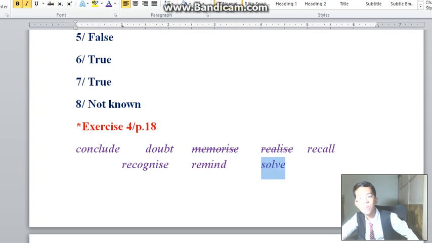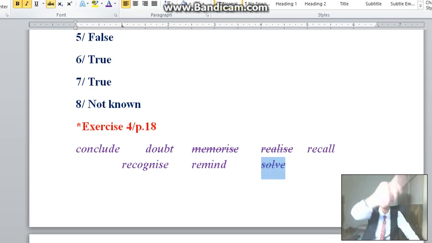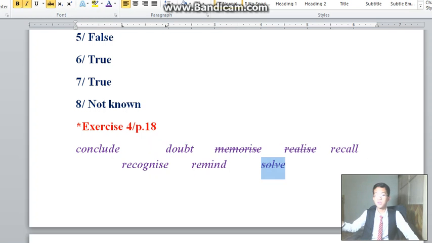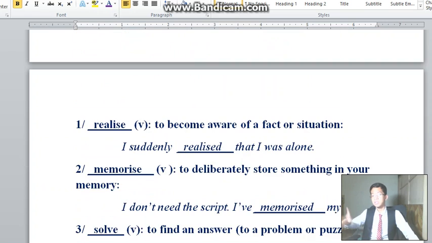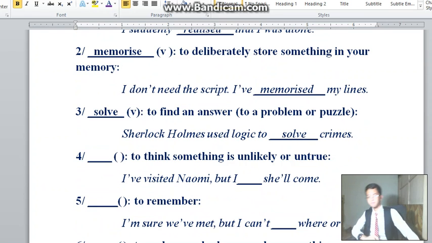We still remain conclude, doubt, recall, recognize, remind. I'll do that for you so that you could easily choose the answer and put it in the correct blank. Number 4.